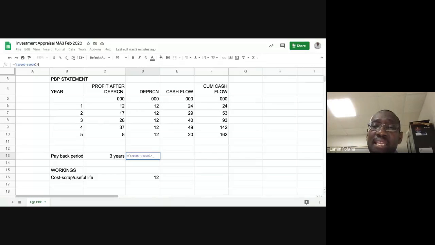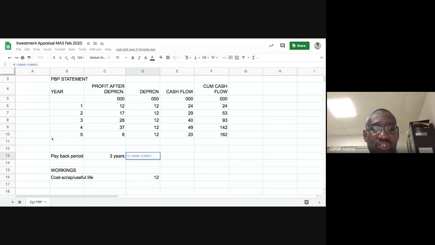The reason is we are going to pay back somewhere in year 4, and the cash flow for year 4 is not 142,000, mind you, but 49,000. 142,000 is the cumulative cash flow up to year 4. So when you are doing your cumulative calculation, you have to be careful, because some students will be tempted to take 142,000.